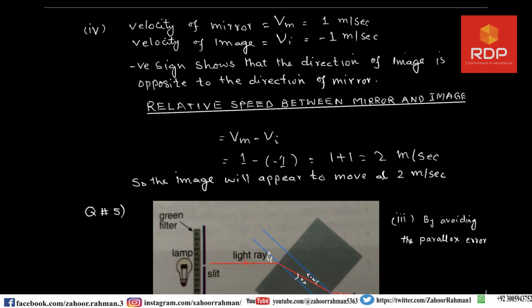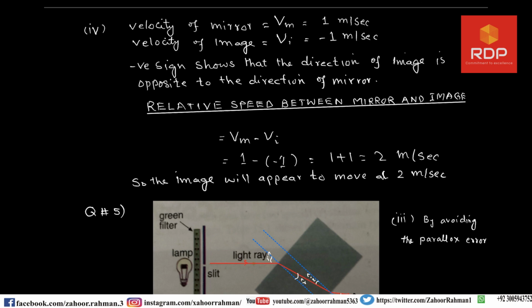Now the fourth part says, suppose that the mirror is moved away from the person at a speed of 1 meter per second. Determine the speed at which the image will appear to move and state its direction of movement. So if somebody is moving the mirror, with which speed will the image move, that is the main question.